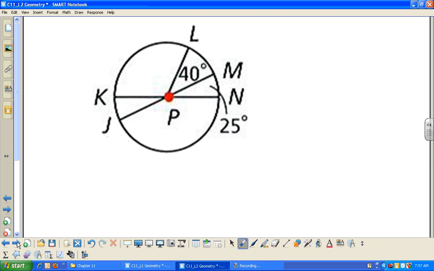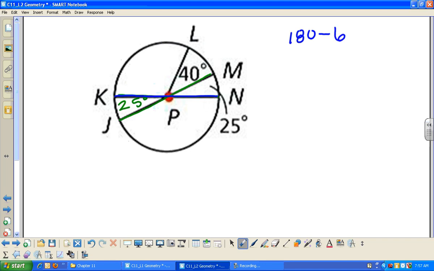Here I want to find all the missing angle measurements. The first thing I notice is that these two lines intersect. That means these are vertical angles. So if this is 25 degrees, this is also 25 degrees. The other thing I notice is that this is a straight line. If I add 40 degrees and 25 degrees, I get 65 degrees.